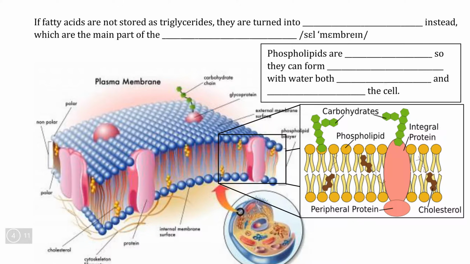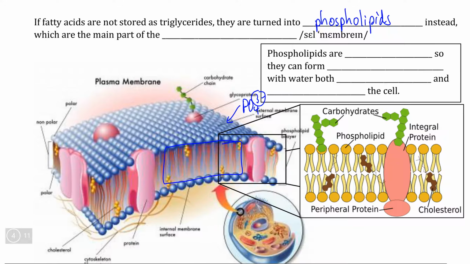Now remember that triglycerides are only one method of storing fatty acids long term. The other method is by producing what we call phospholipids, which we recall are a combination of a phosphate head, which is negatively charged, and hydrocarbon tails, which are completely nonpolar because they're made entirely of carbon and hydrogen.